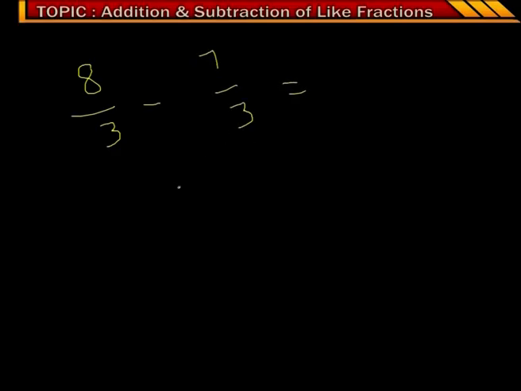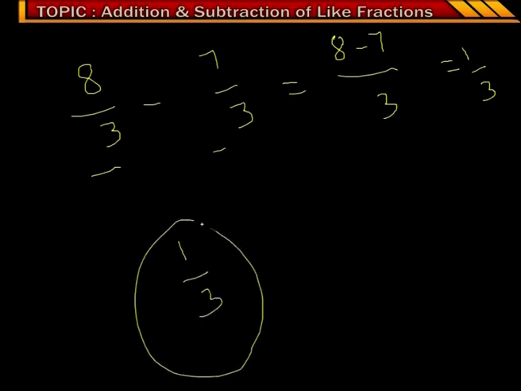That means we are subtracting like fractions. Why are these like fractions? Because they have the denominators 3 and 3. So, we write the denominator the same and subtract the numerators, which gives 1 by 3. 1 by 3 means what? 1 by 3 is a fractional number, 1 out of 3.